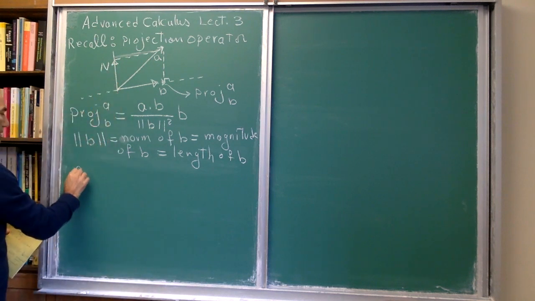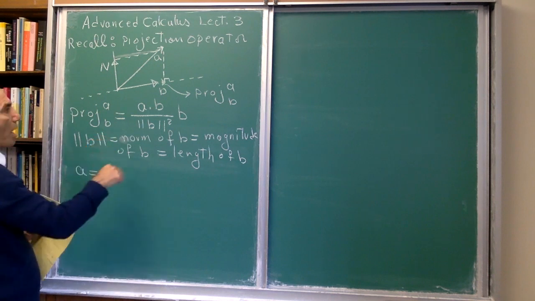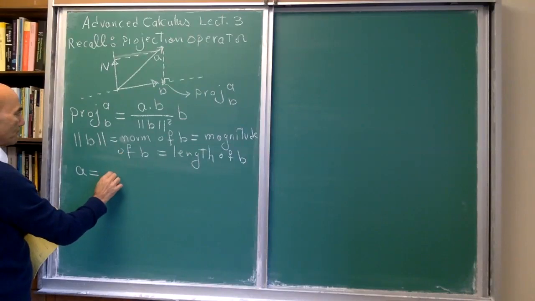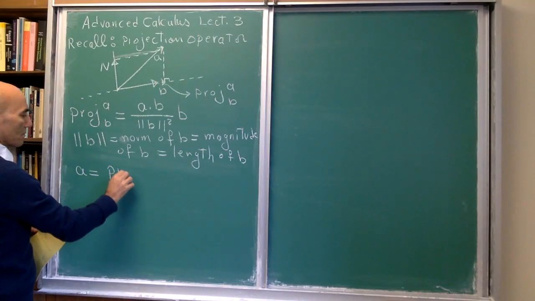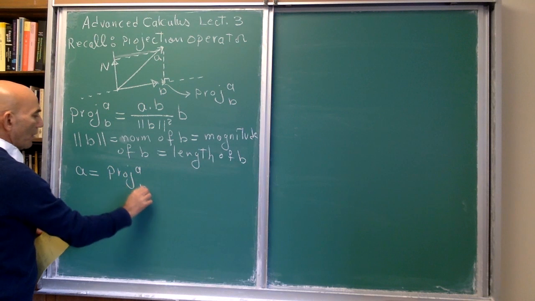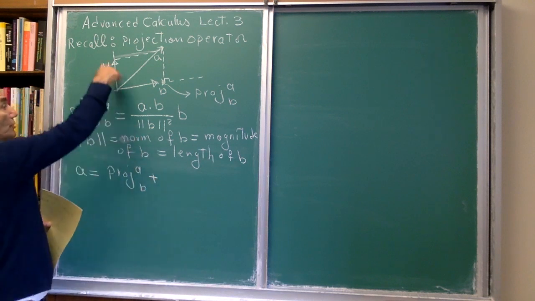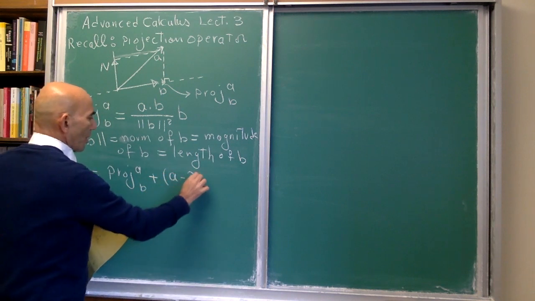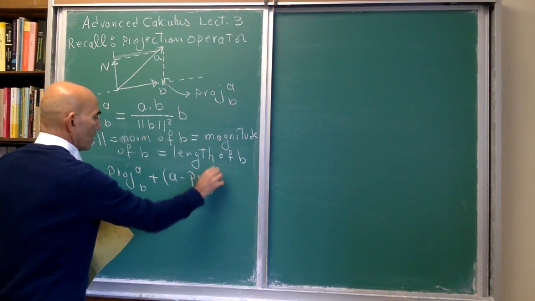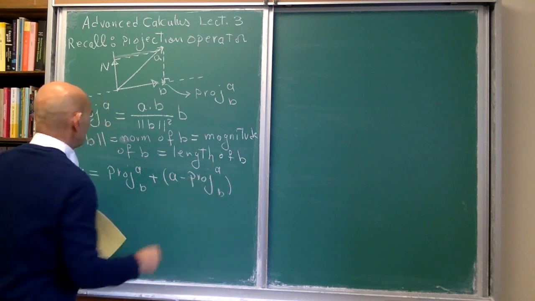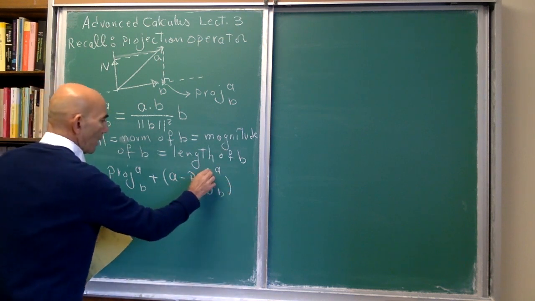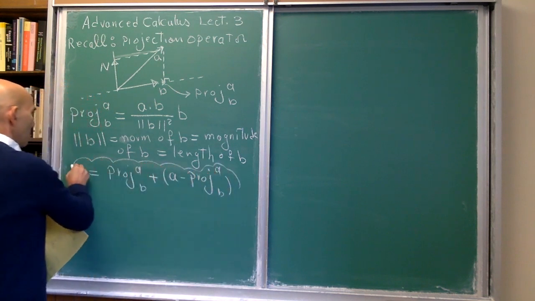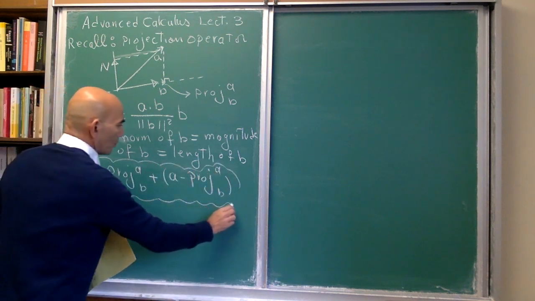We are going to write A as the sum of this vector, proj A along B, plus, and of course this vector is obviously A minus proj A along B. So we have this interesting, important formula.